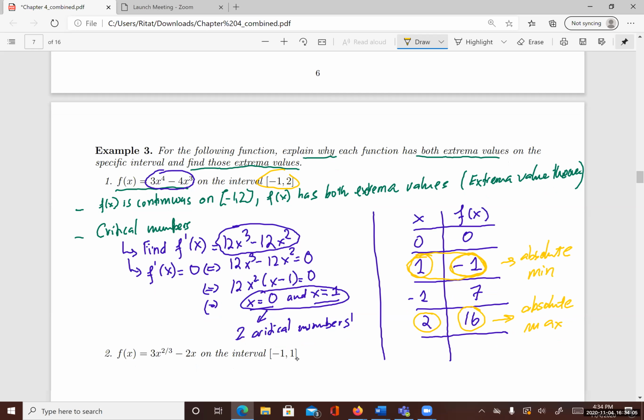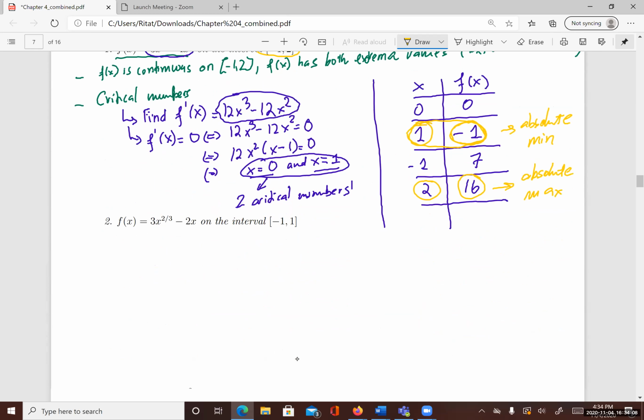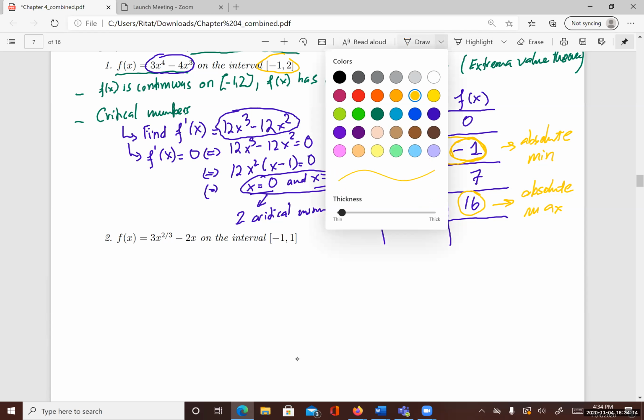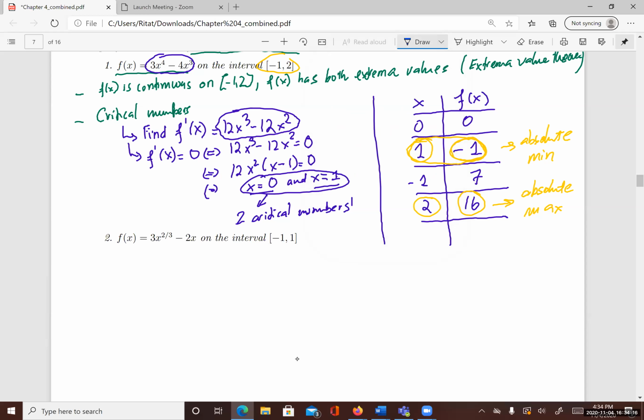All right, let's go to the next question. So you have another function, and you want to see if this function has both extrema values.